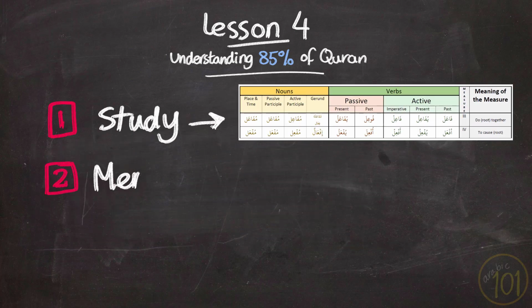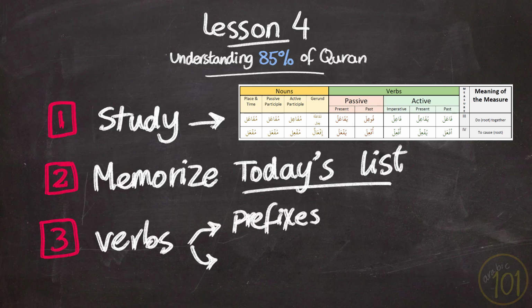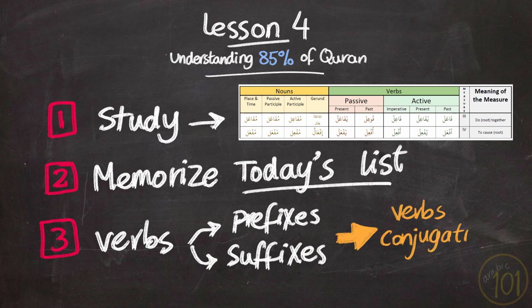Second, memorize the verbs of today's lesson and try to find them in the Quran with all of their forms using the 10 measures chart. Third, remember that verbs will often have prefixes or suffixes attached to them. That's why you should always have the verbs conjugation poster along with you.